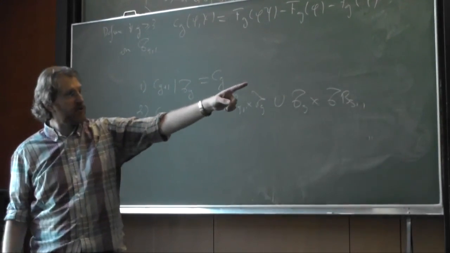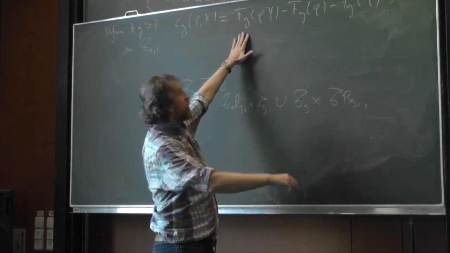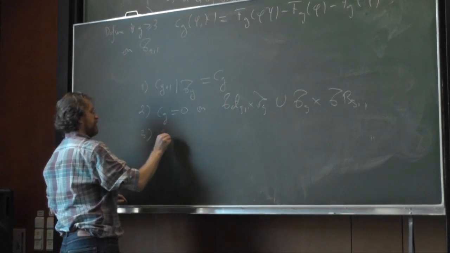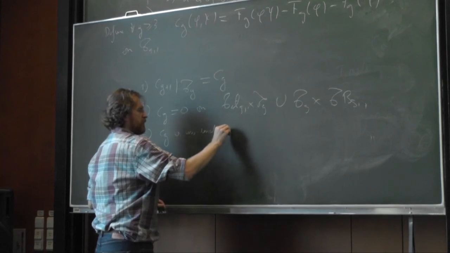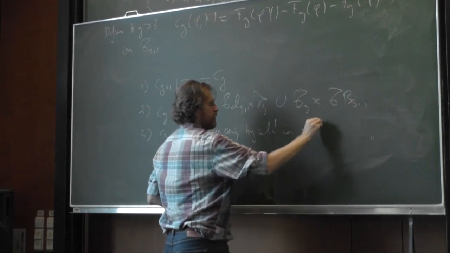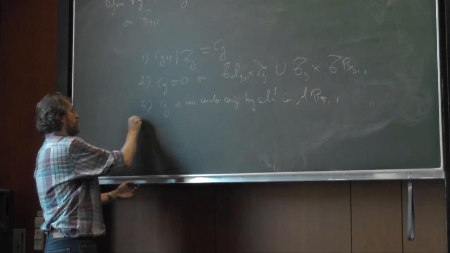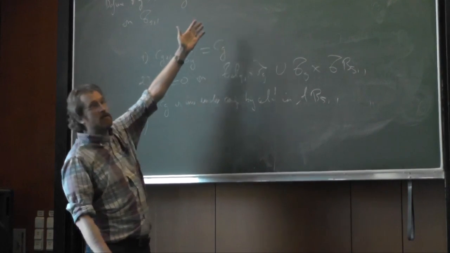Then you have this condition on invariance. Because this is invariant under conjugation by ABG1, so is CG. Fourth, the fact that this is a trivialized 2 cocycle.